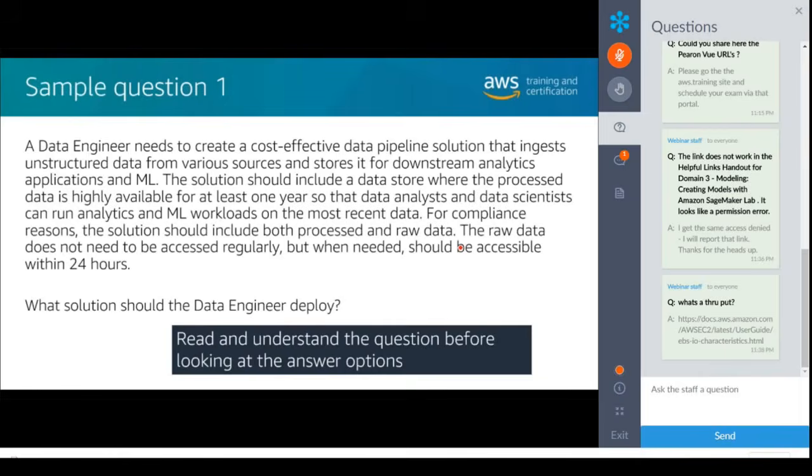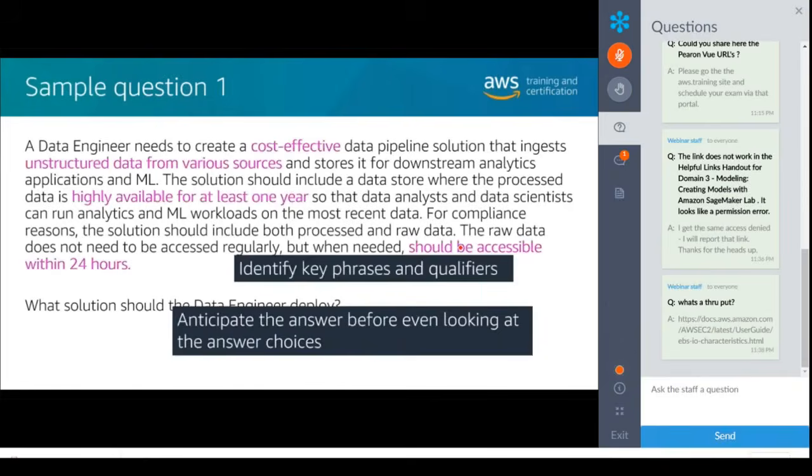So read the question like I just did, right? And let's see if we can identify key phrases and qualifiers. Well, there they are. So this is the one that really pops out for me. Should be accessible within 24 hours. Because we basically said speed is not a concern. And cost effective is another one that pops out.